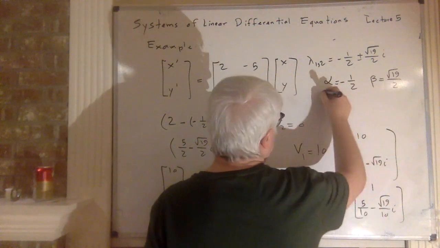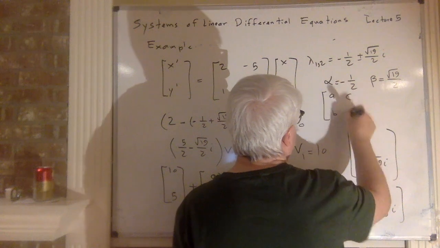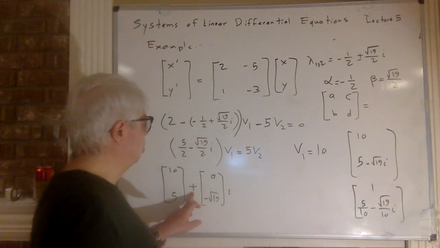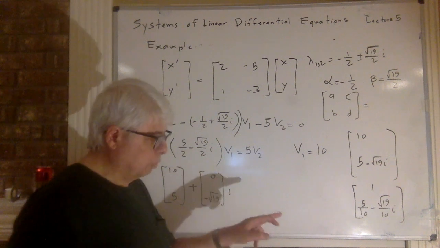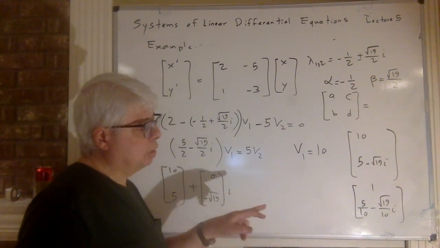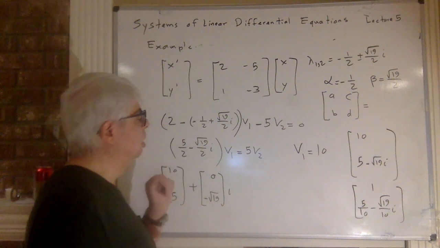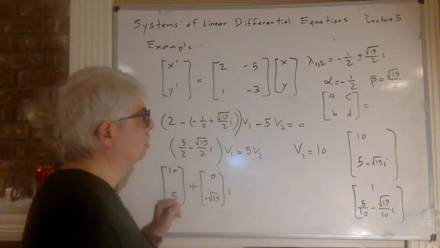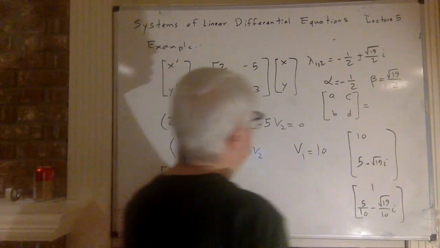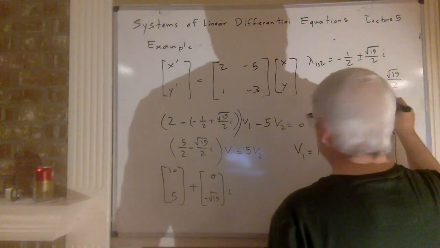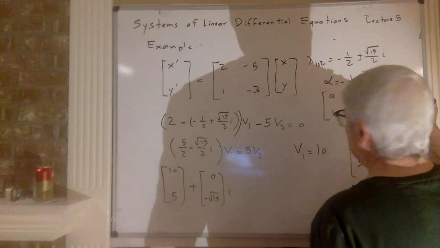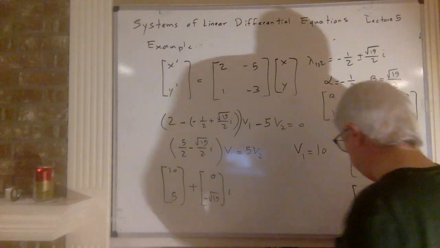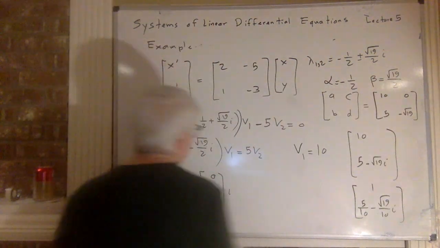And A, B, C, D, the way that I designed that, this positive goes with positive, since that eigenvector is the one for the positive eigenvalue, so I put positive here and negative inside. So the A, B, C, D will be this: 10, 5, 0, minus square root of 19. Okay?